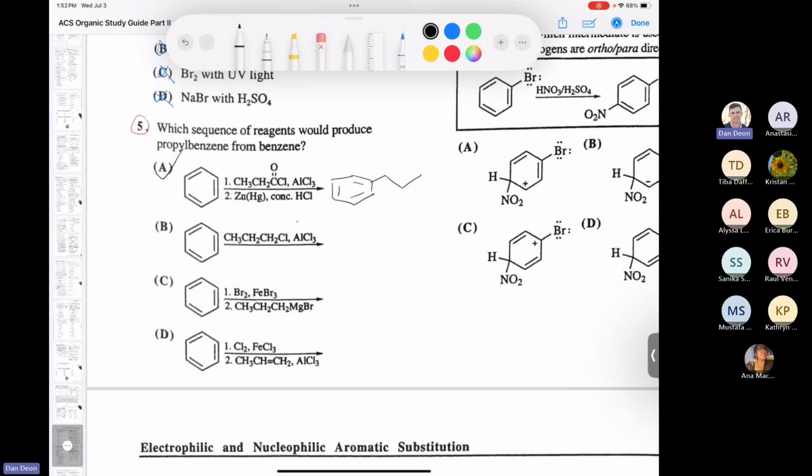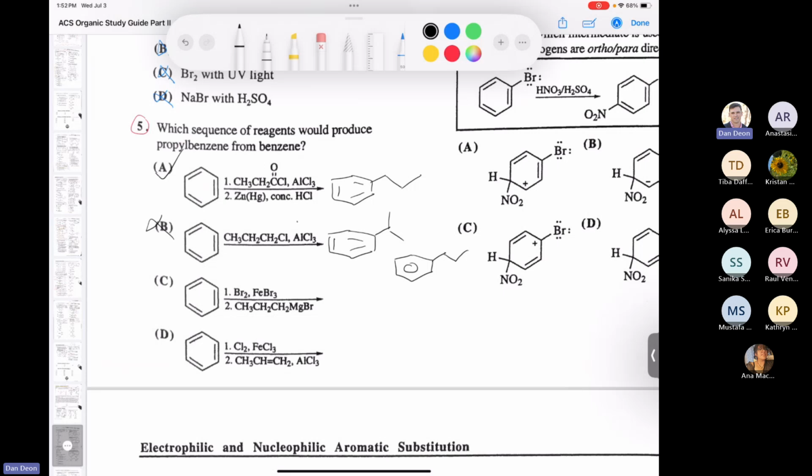The next one, you have 1-chloropropane and aluminum trichloride. That's a Friedel-Crafts alkylation. But remember, this is going to mostly rearrange. So you're actually going to end up with a mixture of isopropylbenzene and propylbenzene. So that's not great because that's a mixture. So we'll cross that off.